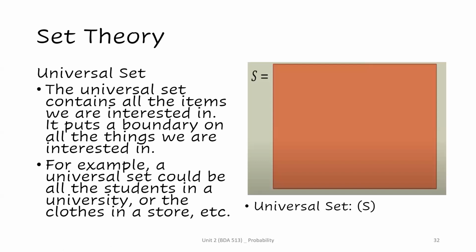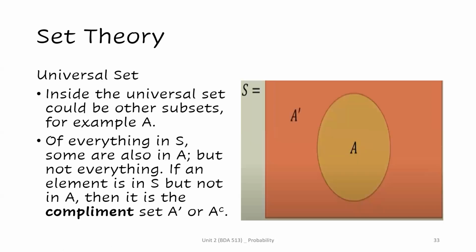A universal set, basically the S, contains all the items we are interested in. It puts a boundary on the things that we want to focus on. Sometimes not everything will be in a particular set; sometimes they might be outside it, but they are within the universal set.